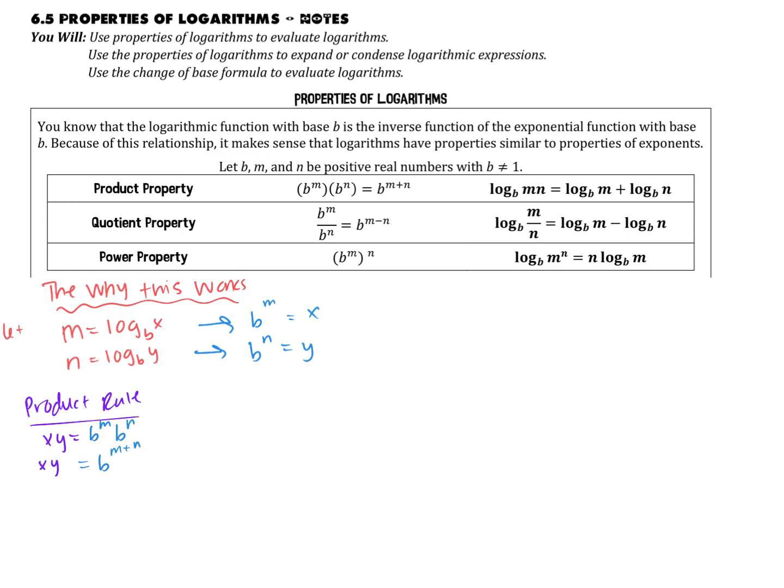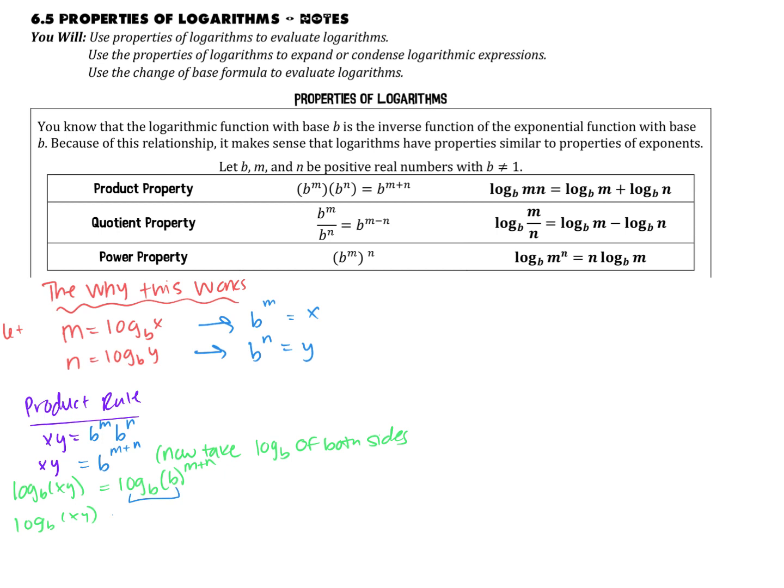Now I want to look at how these properties relate back to logarithms. We already knew how they related to exponentials, so let's go ahead and take the log base b of both sides. So what we learned in the previous lesson, this is going to stay the same, log base b of x times y. What we learned in the previous lesson is that these are inverses of each other.